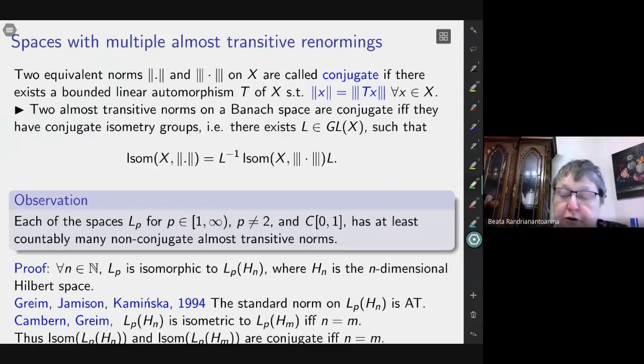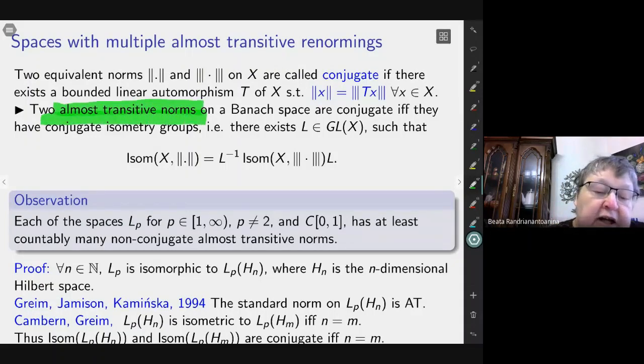Okay, so what is an important observation here, which I don't know why it's not written. Oh, I did write it, I just wasn't thinking about it. So if the two norms are almost transitive to begin with, then those two notions are the same notion, right?